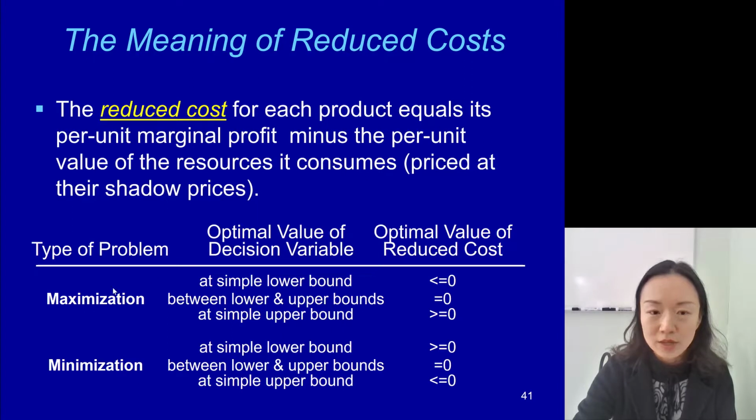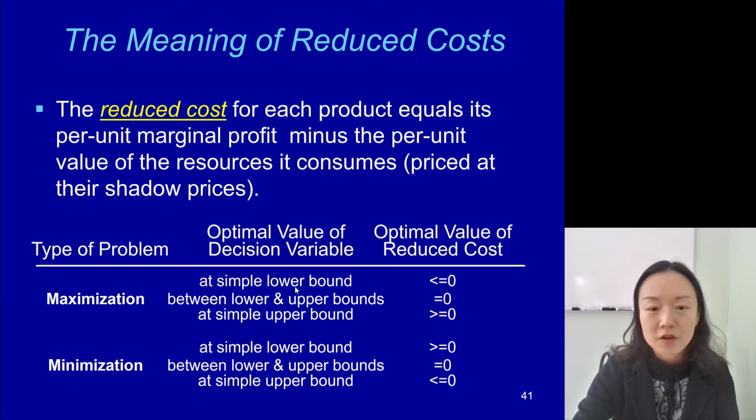So if you think about it, for maximization problems, when you solve the model, you always want to increase your objective function value, right? And if you think about this in the context of a production problem, if you want to maximize your total profit, then you want to produce those products that help increase your objective function value.